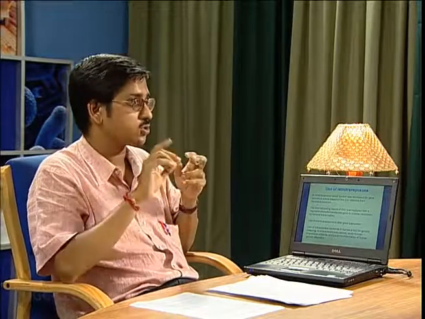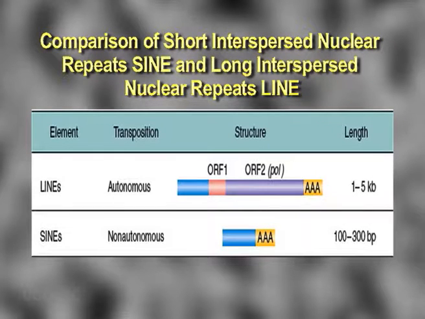In humans also, retrotransposons are very important. If you have heard, humans have SINEs and LINEs, that is the short interspersed nuclear repeats and the long interspersed nuclear repeats, and their presence is very important because the SINE and LINE composition of you is quite different from me.